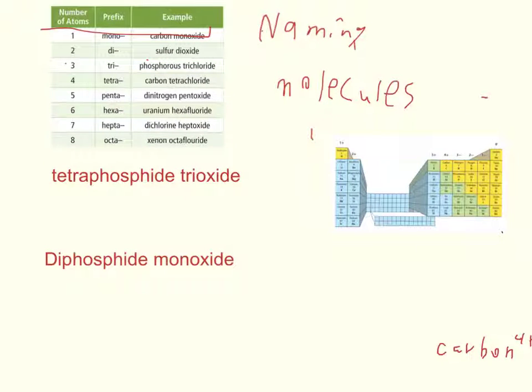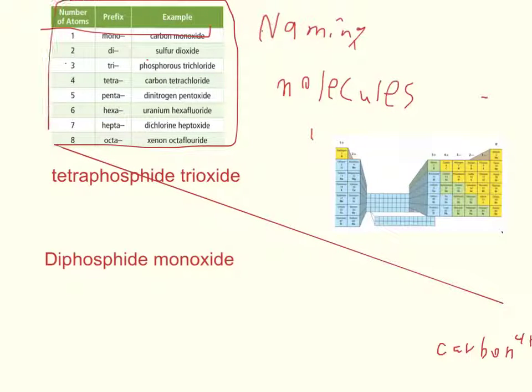All right, on this slide we're going to be doing molecules. I have a little chart right here to understand how many atoms are in each prefix. So here we have tetraphosphide. Tetraphosphide obviously has 4 atoms.